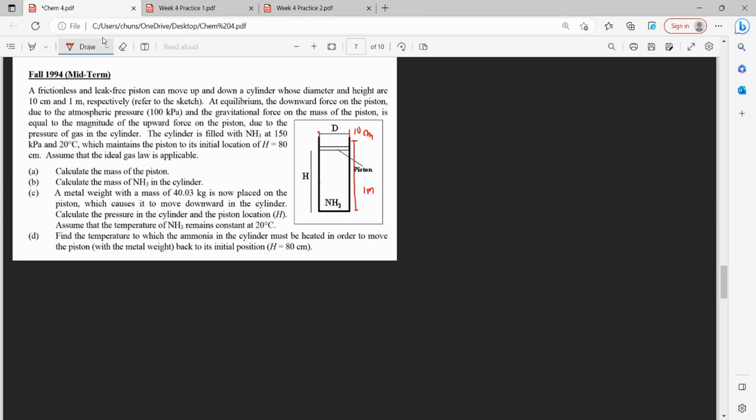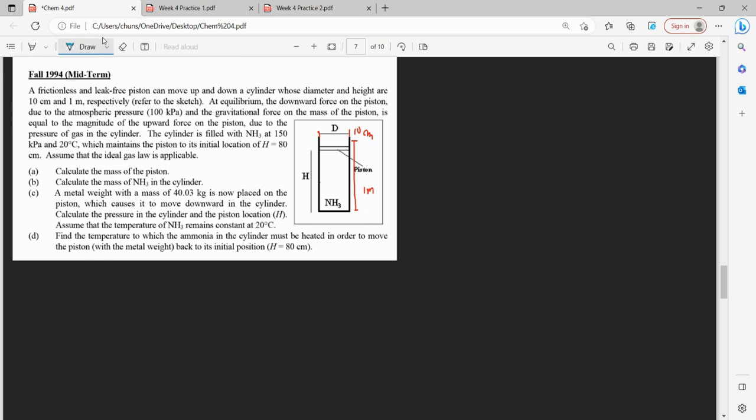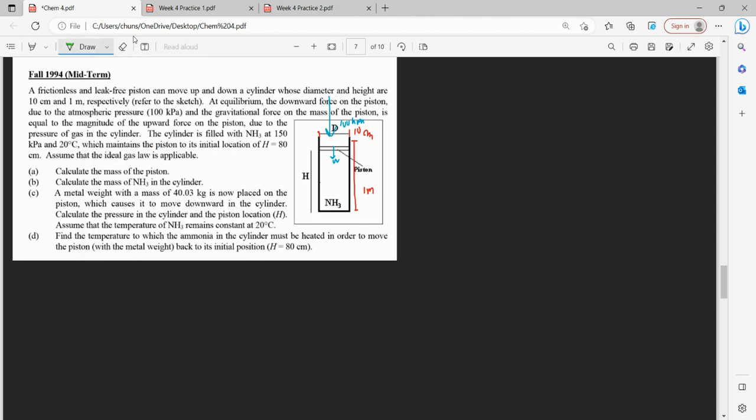At equilibrium, the downward force of the piston due to atmospheric pressure is 100 kilopascals. We also need to include the weight of our piston, and the upward force from inside the cylinder causes 150 kilopascals to push back up.